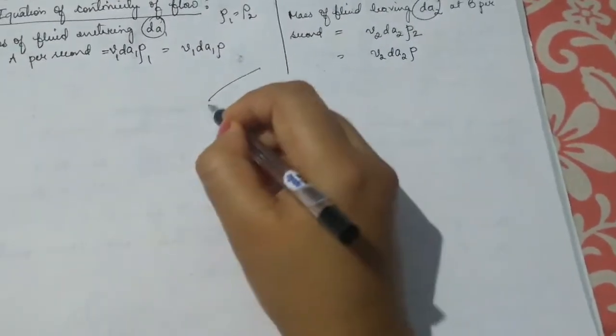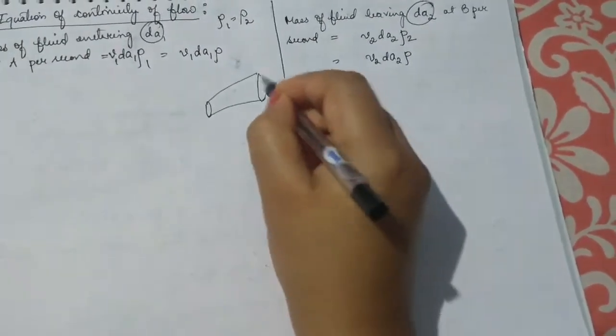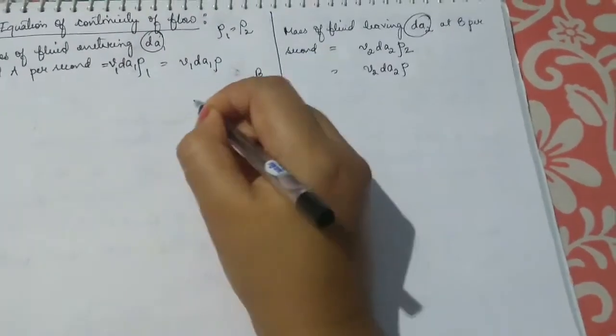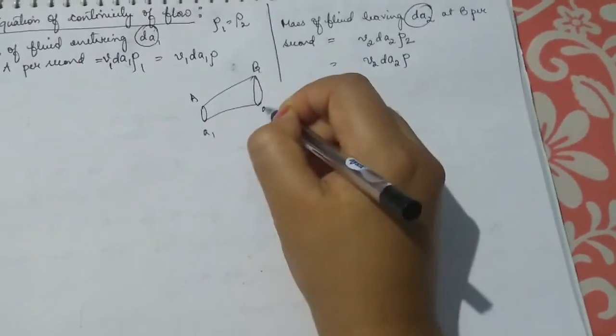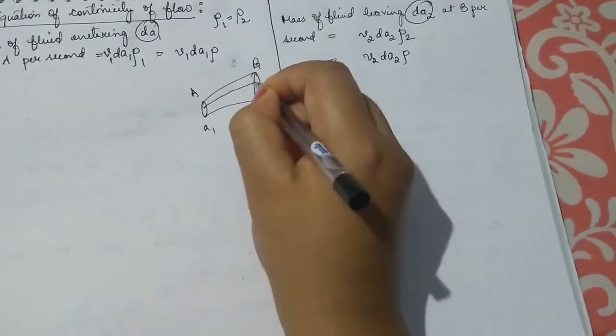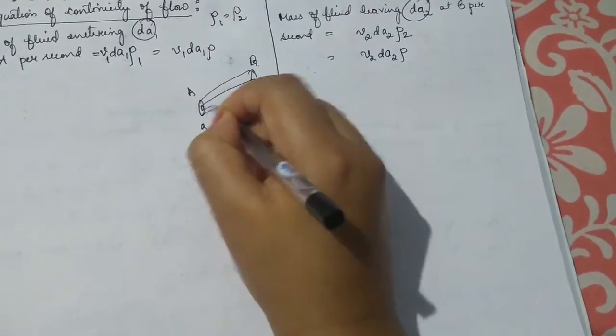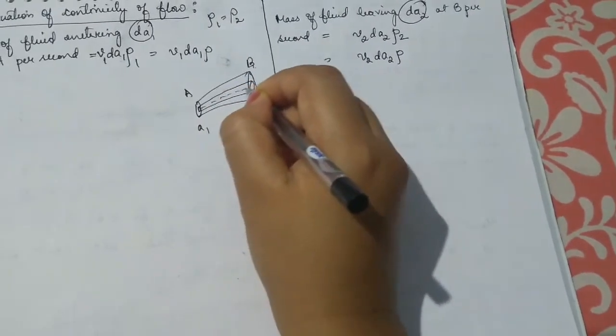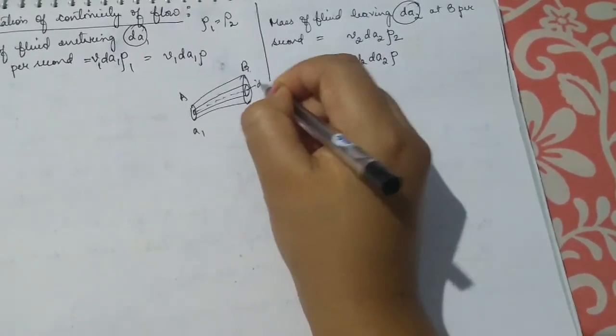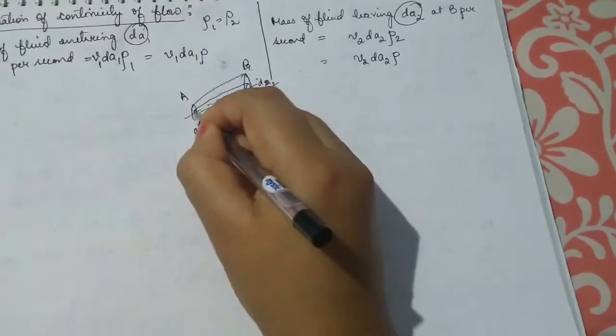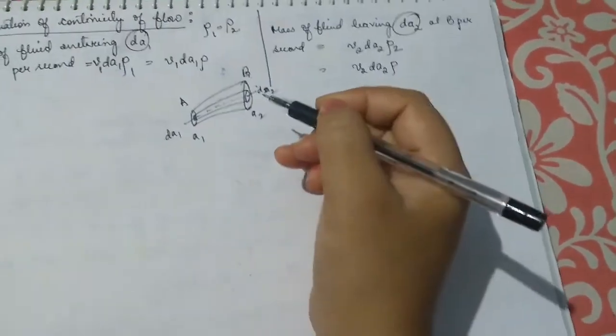This is for dA1, and this is for dA2. As you remember the figure, it is like this: this is A, this is B, this is A1, this is A2, and we had a very small infinitesimal tube in between going like this, having dA2 at one end and dA1 at the other.